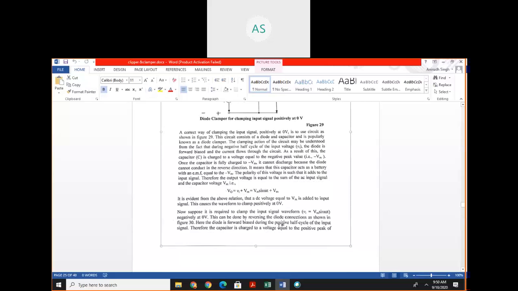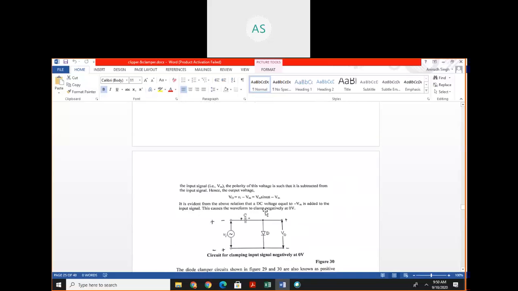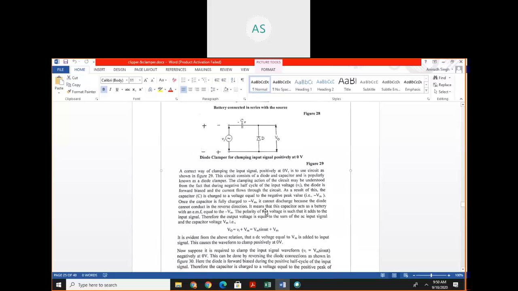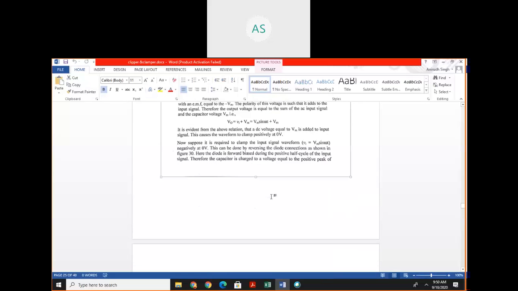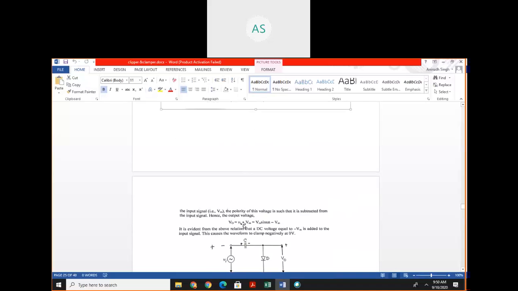Clear? And this capacitor is charged to Vm, the positive peak value.